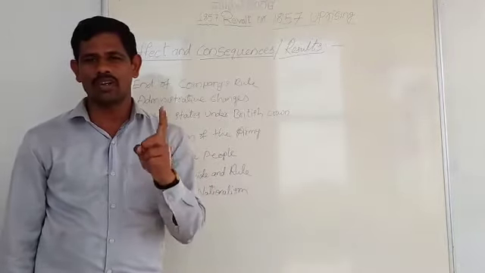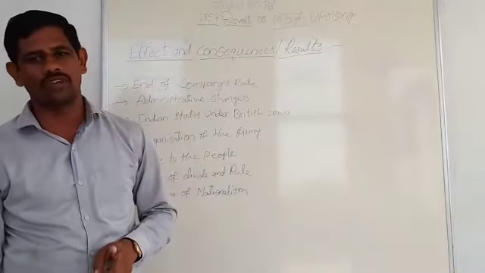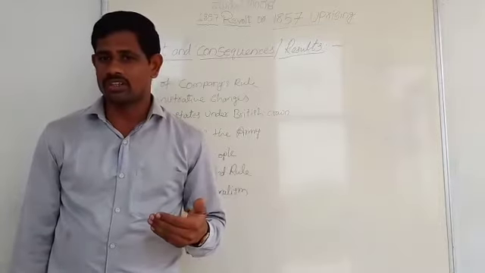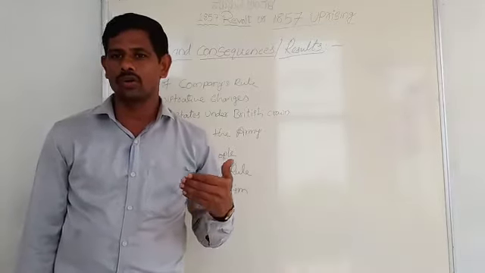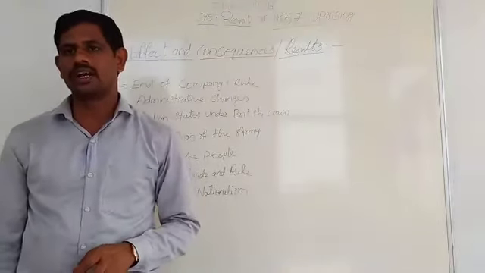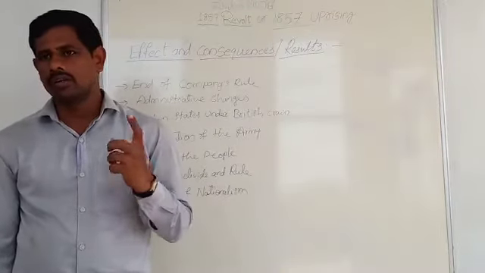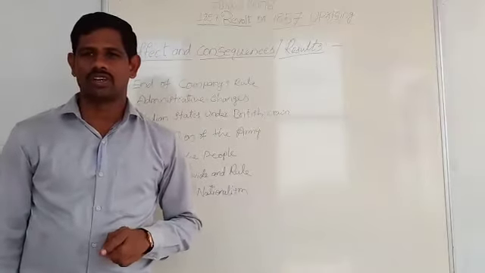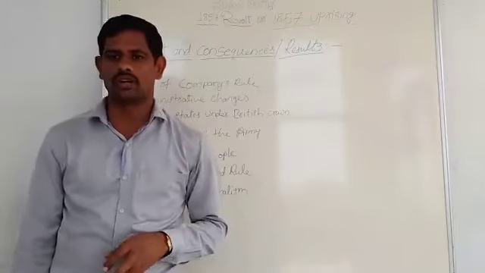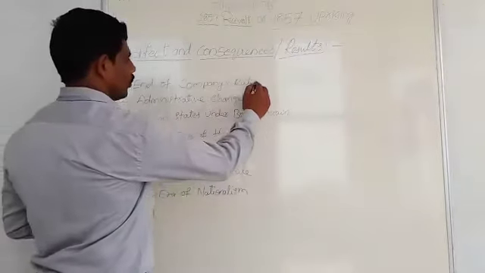Lord Canning was appointed as the first Viceroy of India under the Crown. This proclamation, drafted according to the wishes of the Queen, was publicly read out on 1st November 1858 in all the districts and towns of India. That is one point, so this is completed.